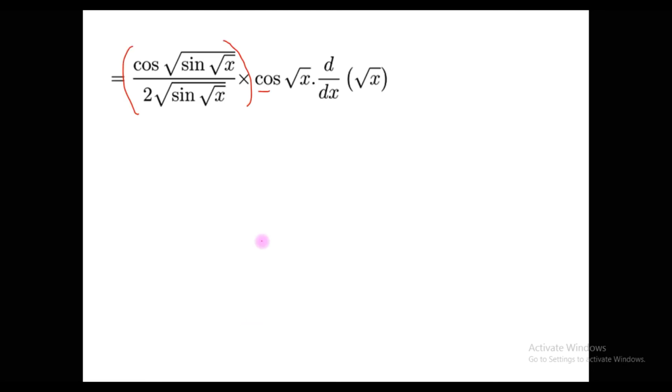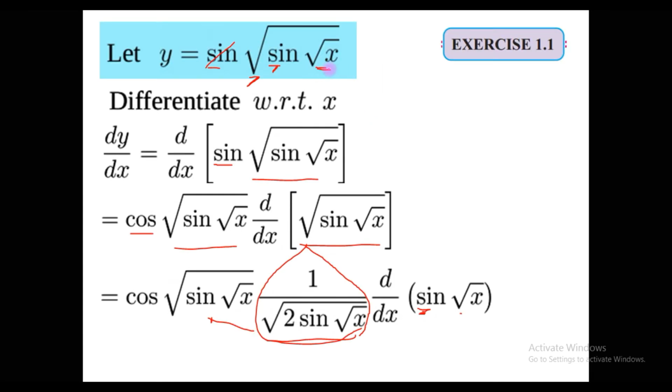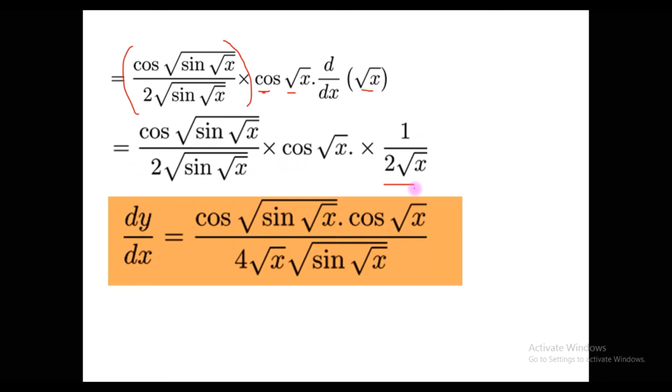So derivative of sine is cos x, and the last one, the derivative of root x, has to be multiplied. So this is the fourth derivative. If I take you back, now this is the last part, last derivative, that is 1 upon 2 root x. After writing this in simplified form, we will get this as the final answer.